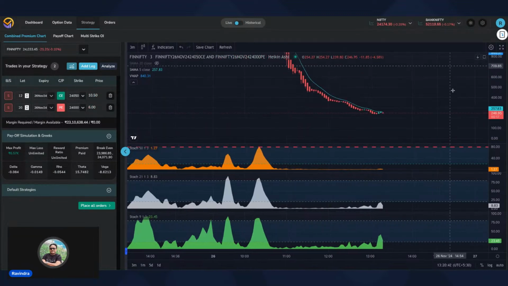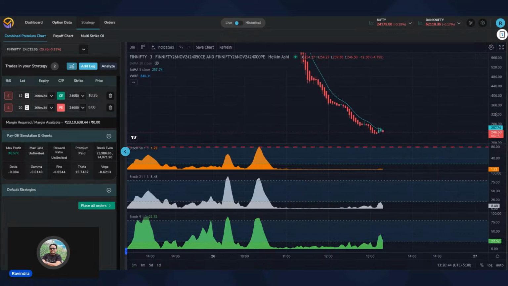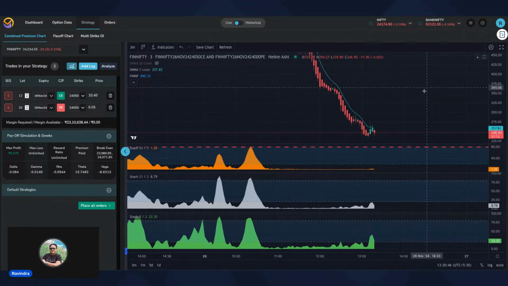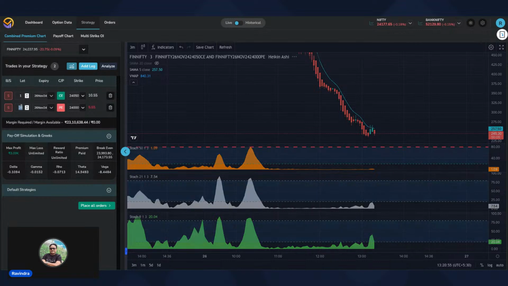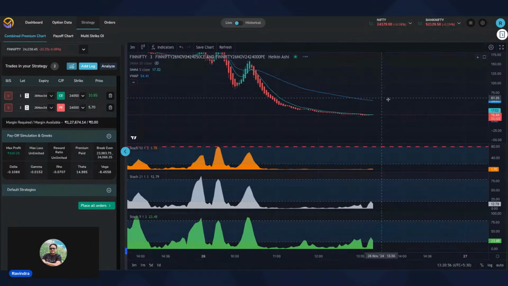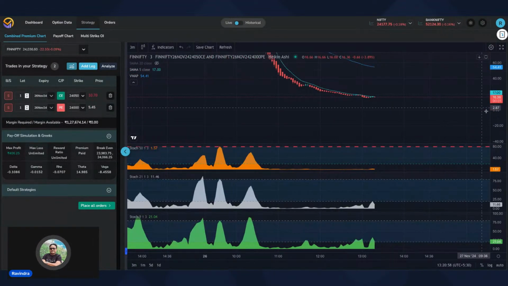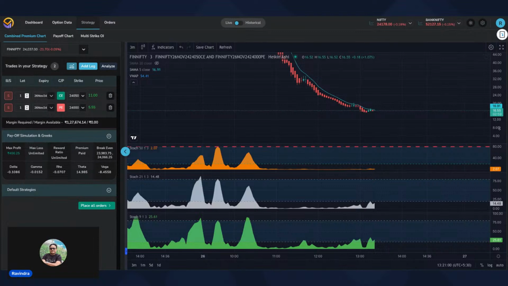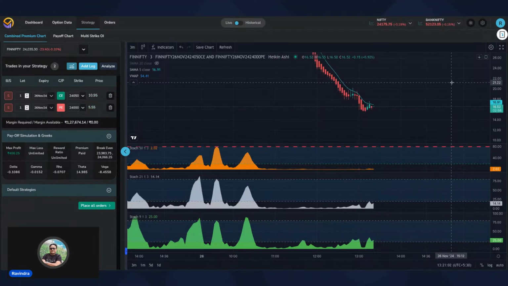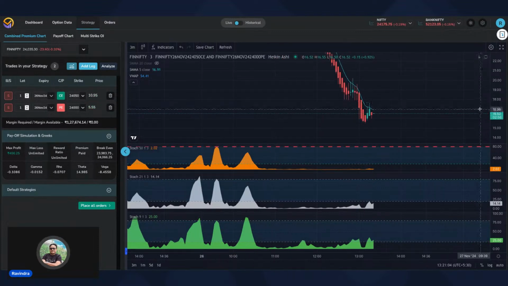And in case it goes up, one more good thing that you can do is look at the combined premium. The combined premium has pretty much stayed below this, right? So if the combined premium is above 17, it can give you some bit of an alarm.